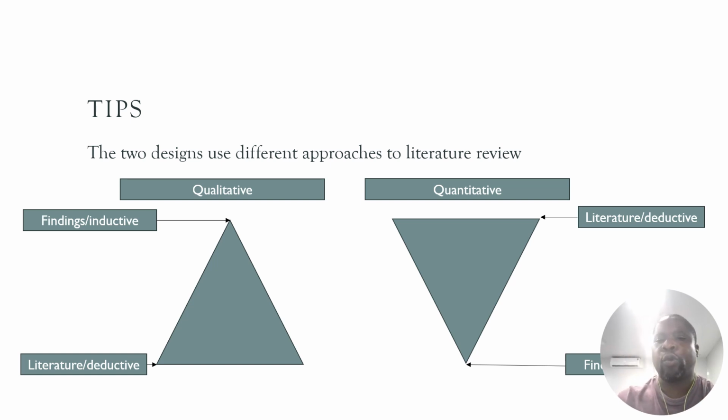And a good quantitative study starts from literature review. You start deductively, from a general level. What are people saying? What has been studied? What has been recommended? What has been found already by other scholars? Then you zero in to your findings. That's a good quantitative study. That's the difference between qualitative and quantitative.